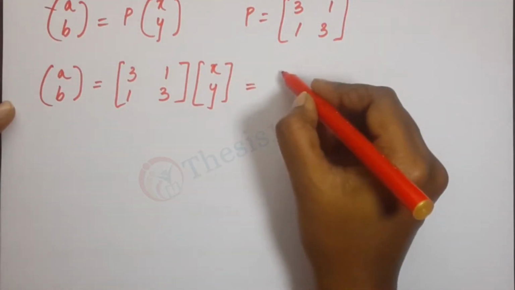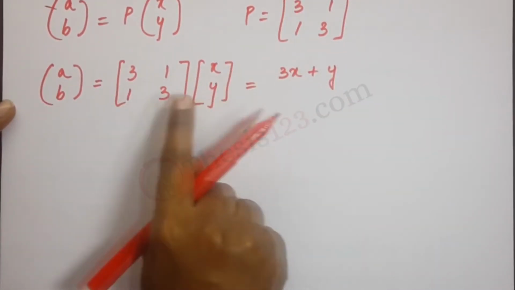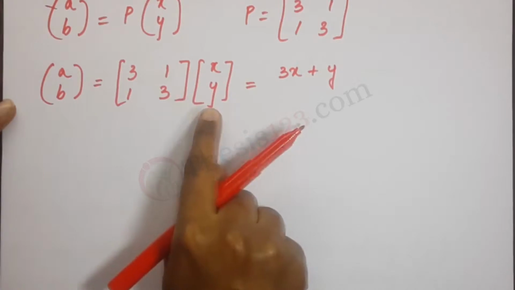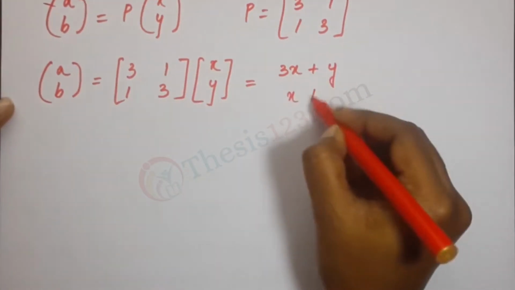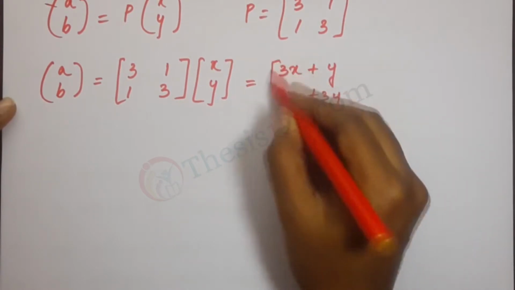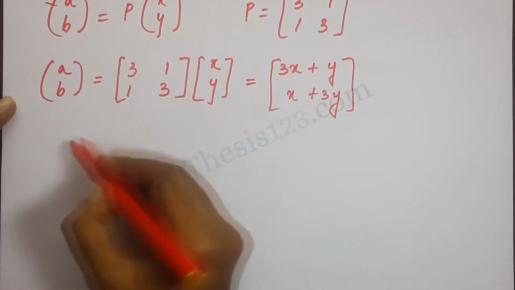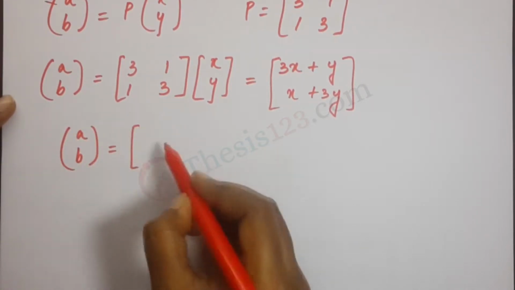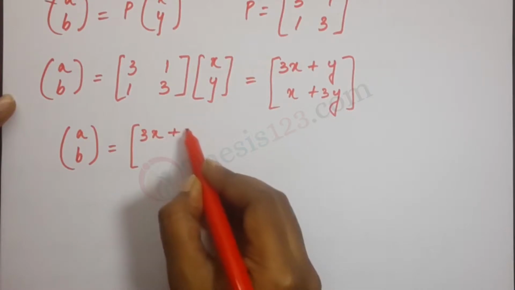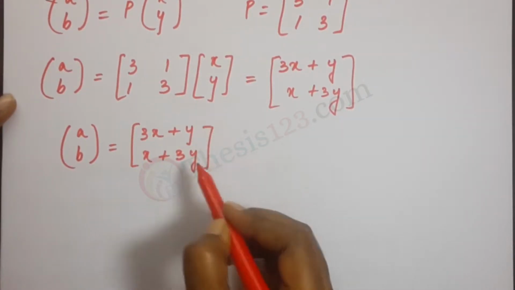Now let's multiply these two. When we do that, we get 3x plus y. That's our first element, 3x plus y. And the second element is x plus 3y. So we're just multiplying these two matrices here. So this gives us (a, b) is equal to (3x plus y, x plus 3y).